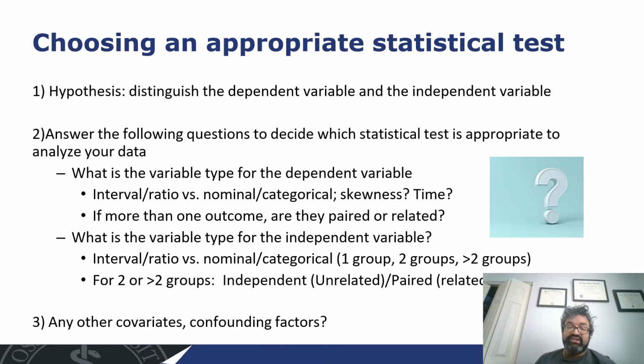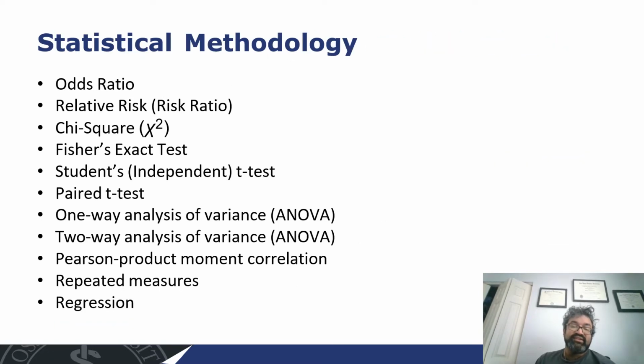Is it interval ratio, nominal categorical? And then what is the variable type for the independent variable? So you're just trying to understand a little bit more about dependent and independent variables. That's the main gist of this slide, and understanding whether there are covariate factors.